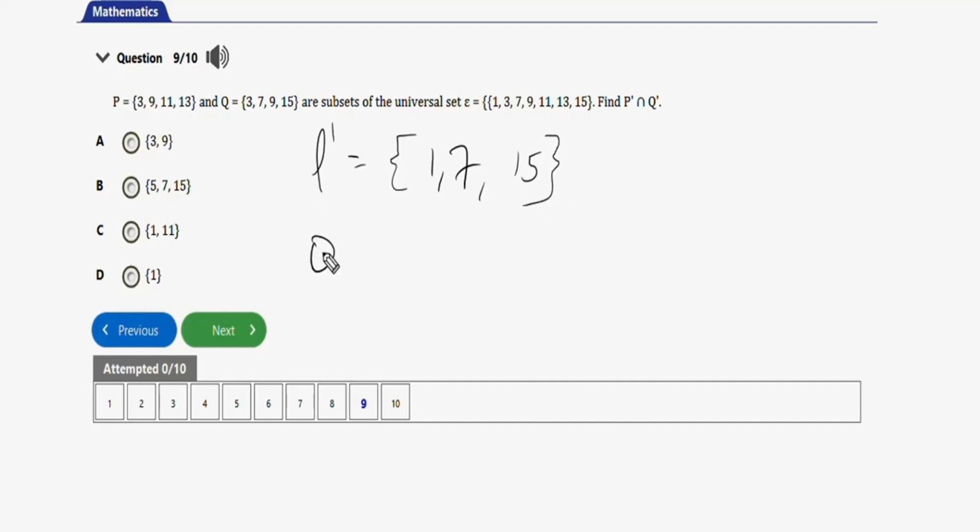Then for Q complement, it will be values in the universal set not in set Q. There is 1, there is no 1, there is 3, there is 7, there is 9, there is 11, there is no 11, there is 15, there is 13, there is no 13.